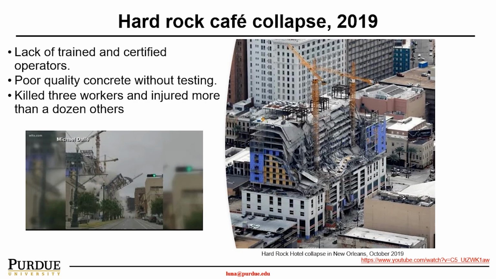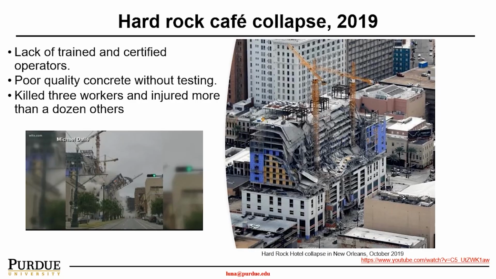Many of you may know this incident: the Hard Rock Cafe collapsed in 2019 in downtown New Orleans. When the contractor was building this project, they used poor quality concrete, and then without doing proper testing, they started demolding way earlier than the concrete reached the critical strength.